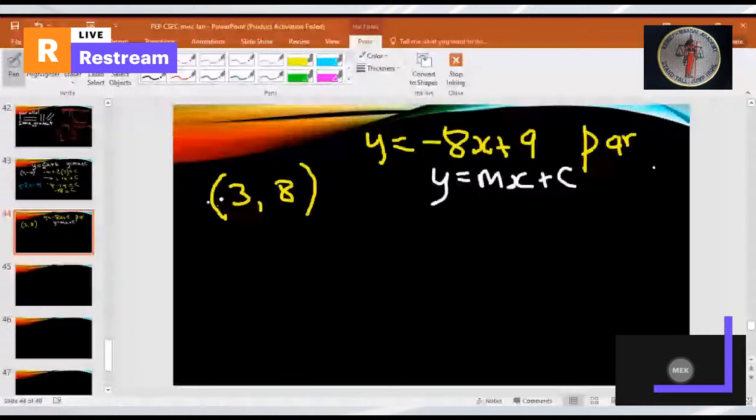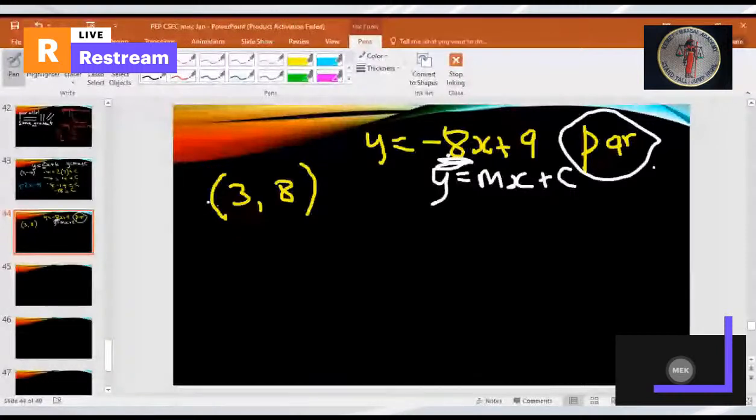What's good about this is that we are told that the lines are parallel. And from here, we know that they have the same gradient. Parallel lines have the same gradient. That means the gradient of this line is also -8, like this one.